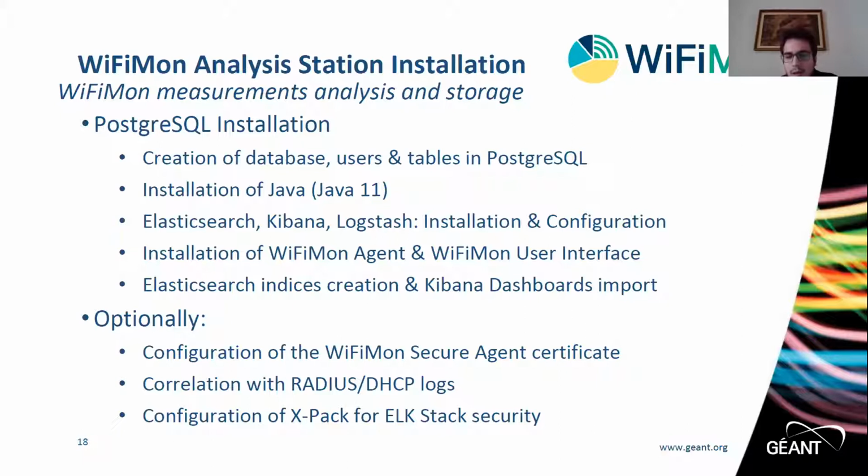You can correlate with RADIUS and DHCP logs. This is a good point to say that WiFiMon is independent of the Wi-Fi technology. You can use WiFiMon for any Wi-Fi network, but you will get the additional benefits of correlation with RADIUS and DHCP logs in IEEE 802.1X networks. And finally, you can configure X-Pack in order to provide TLS encryption and security in the Elasticsearch cluster.